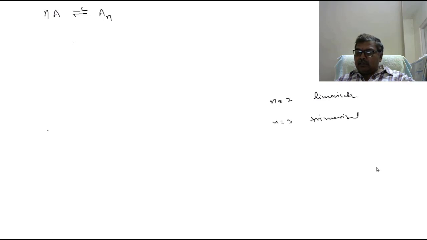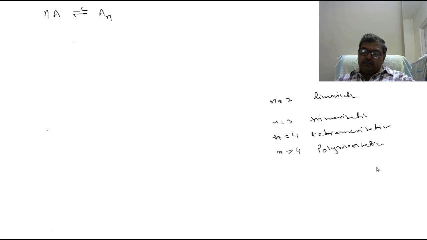Now see, n moles of A, for example, associate, combine together to give An. If n is 2, it is called dimerization. n equal to 3, trimerization. n equal to 4, tetramerization. n greater than 4, known as polymerization. Clear?